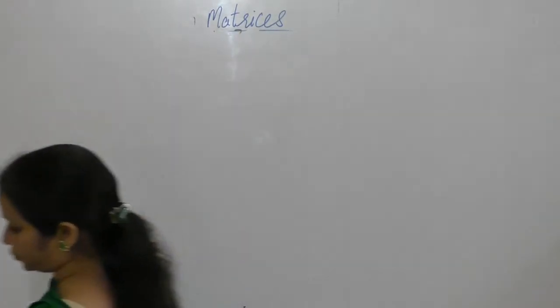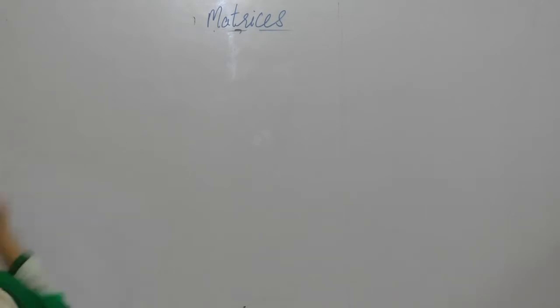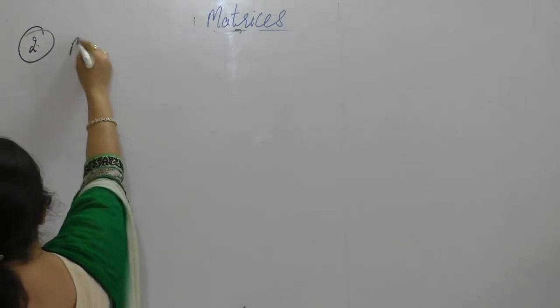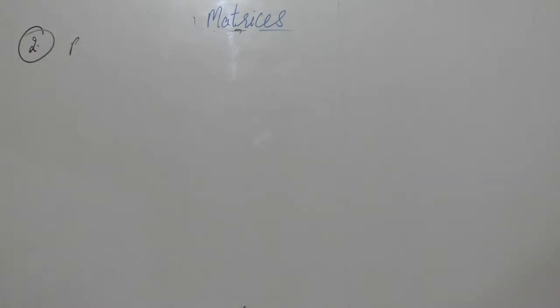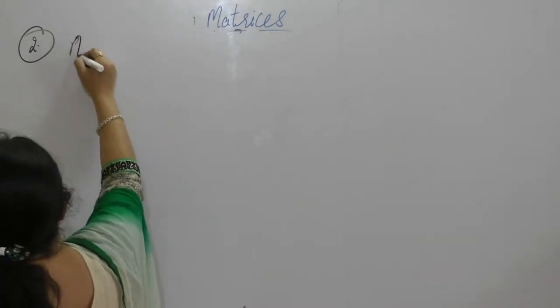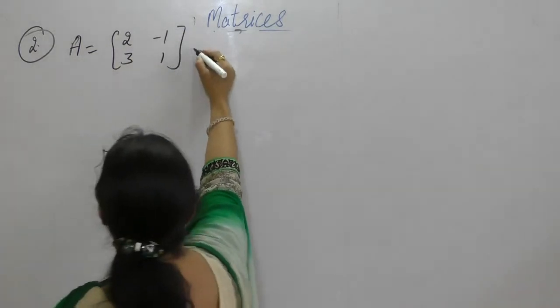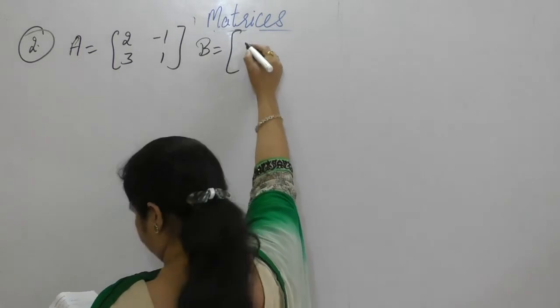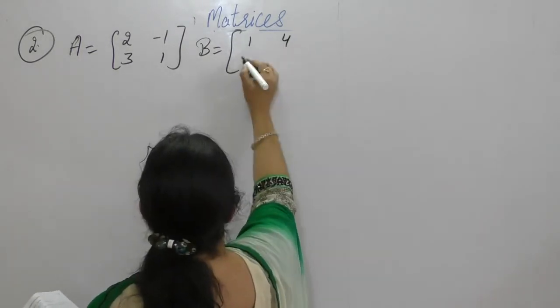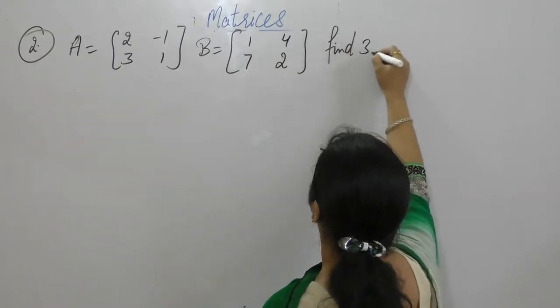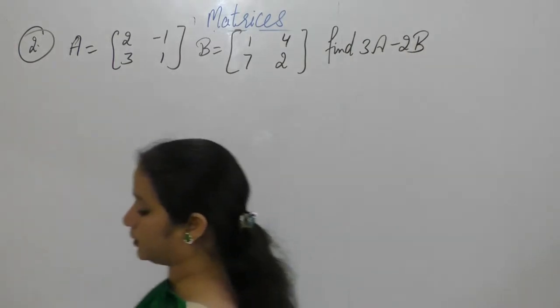Now the next question is question number 2. If A is equal to [2, -1; 3, 1] and B is equal to [1, 4; 7, 2], find 3A minus 2B.